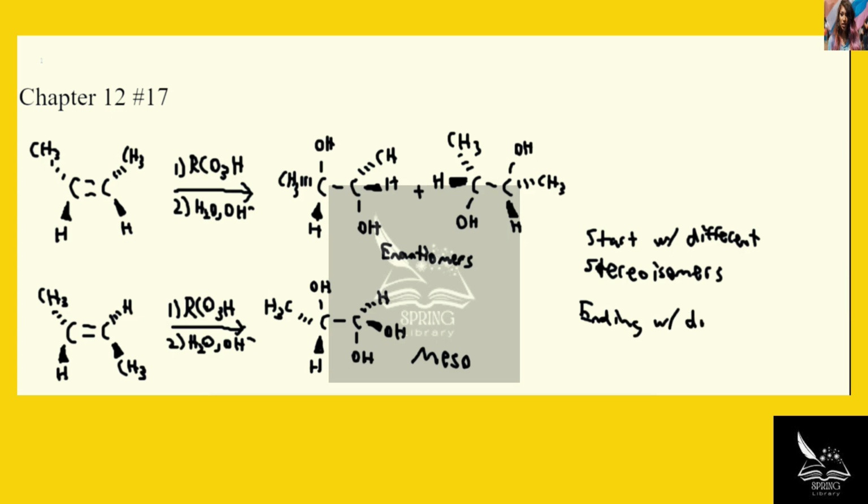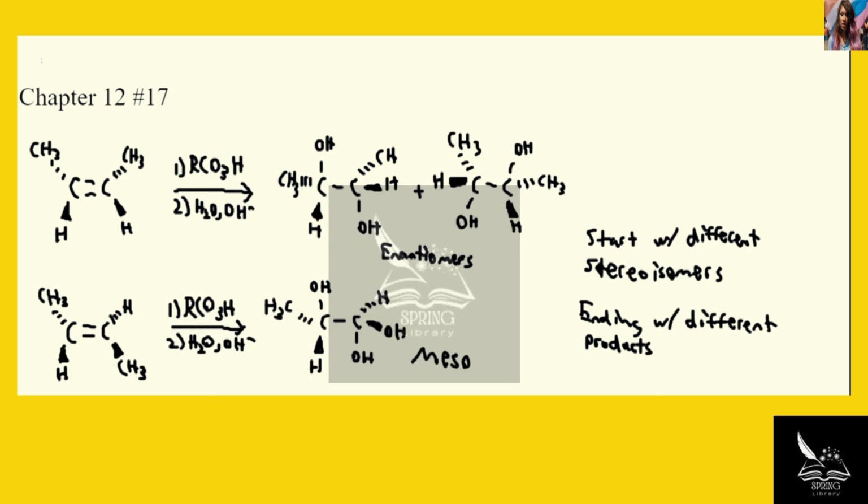And so this proves that this reaction is stereospecific, because if it wasn't stereospecific, we would expect that even if we started with the two different stereoisomers of the starting material, the products in each case would be a mixture of all the possible products.